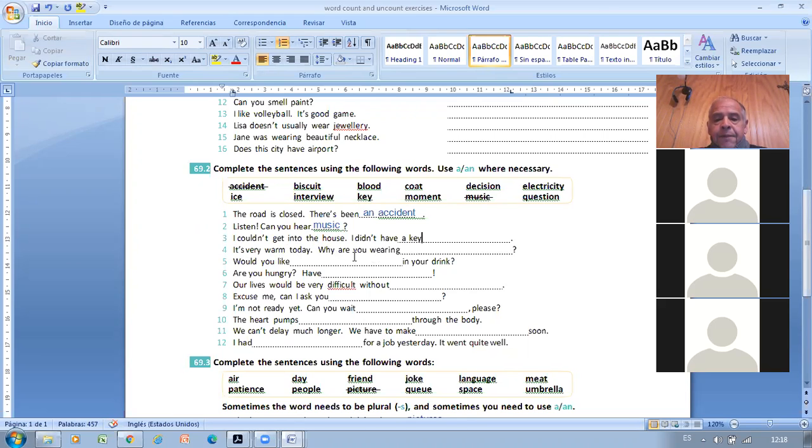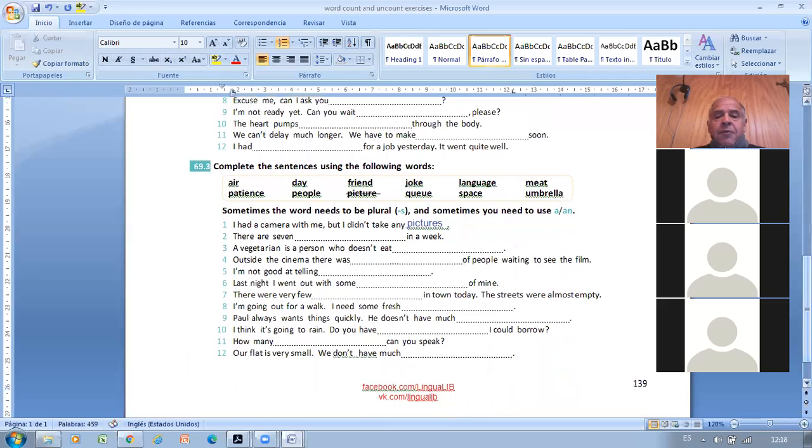Why are you wearing a coat? That's right. Why are you wearing a coat? Okay, so that is the second part, okay? You have to complete using an article.